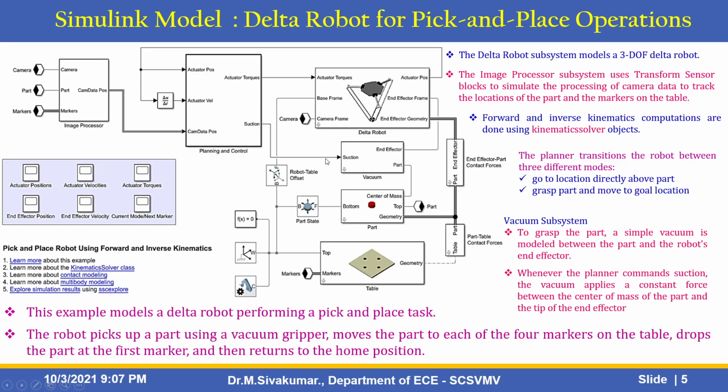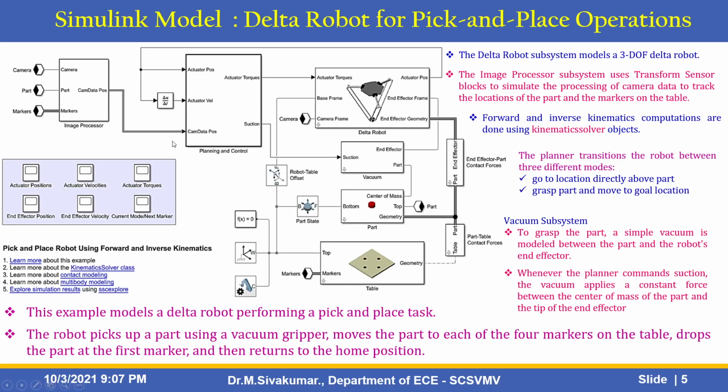The planner transitions the robot between 3 different modes: first, go directly above the part; then grasp the part and move to the goal location. The next one is the vacuum subsystem. To grasp the part, a simple vacuum is modeled between the part and the robot's end effector. Whenever the planner commands it, the vacuum applies a constant force between the center of mass of the part and the tip of the end effector.